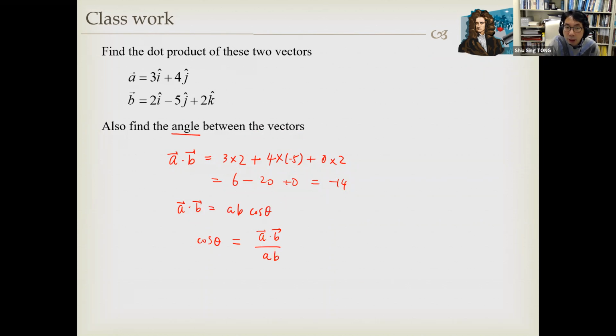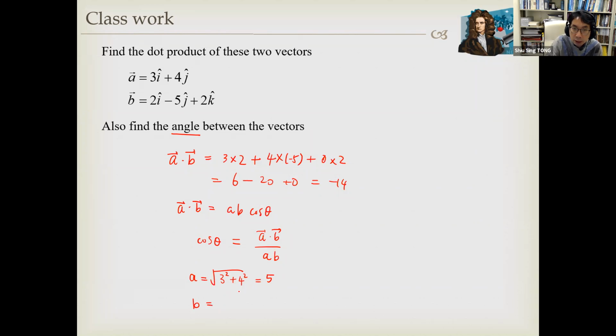How do I find the magnitude of A and the magnitude of B? Well, by Pythagoras' theorem. A is equal to the square root of A_x squared plus A_y squared, and that is, of course, 5, right? And how about B?